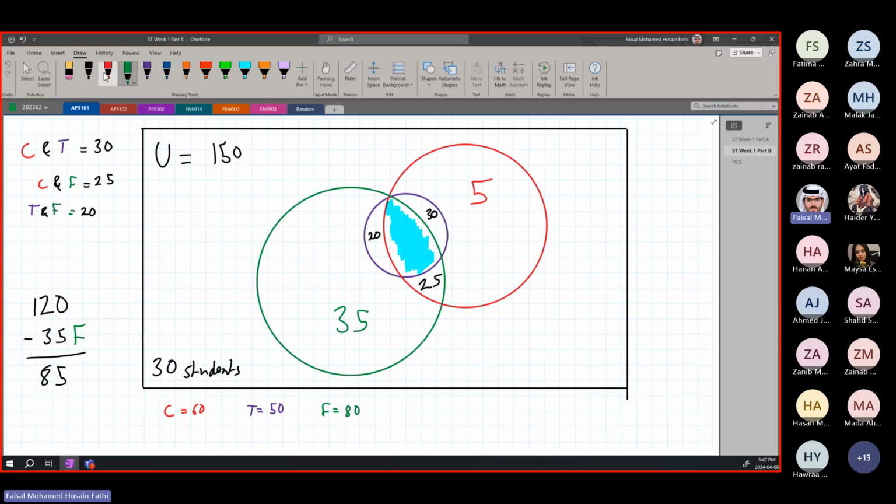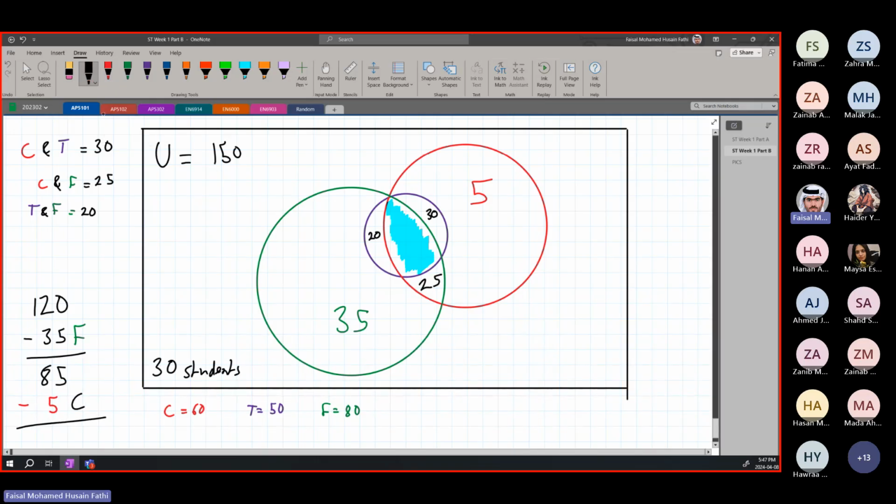And then if we subtract the number of students that like cricket, which is 5, we're going to be remaining with 85 minus 5, which is just 80. So the middle part should be equal to 80. We have 30, 20, and 25. 30 plus 20 plus 25.